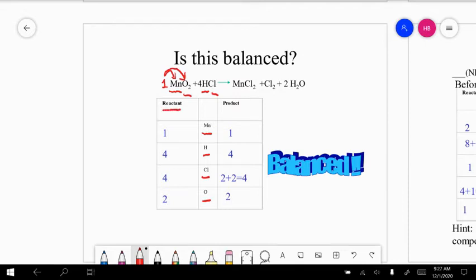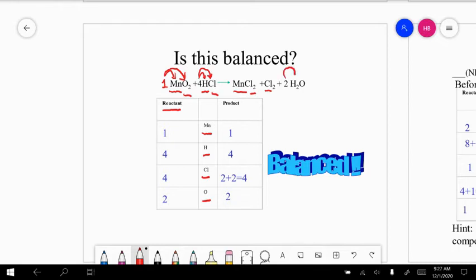See, I put reactant here, and then I'm going to just count the number of atoms. 1 for manganese, 2 for oxygen, 4 hydrogens, and 4 chlorines. So I'm just going to list them. I have 1 manganese here. Now, chlorine, you have to be careful here because I have 2 in this compound, but I also have 2 in this compound. So I have to add those together for 4. So I have 4 chlorines.